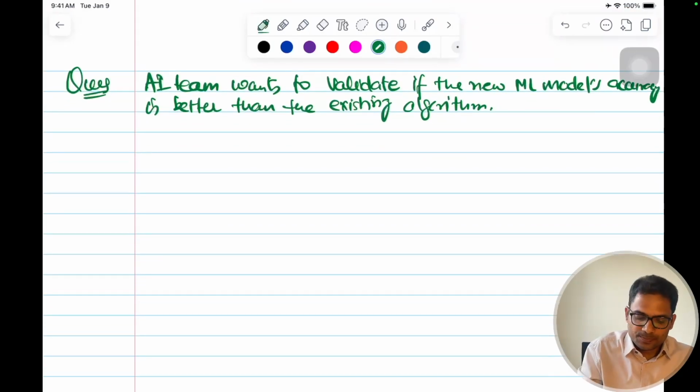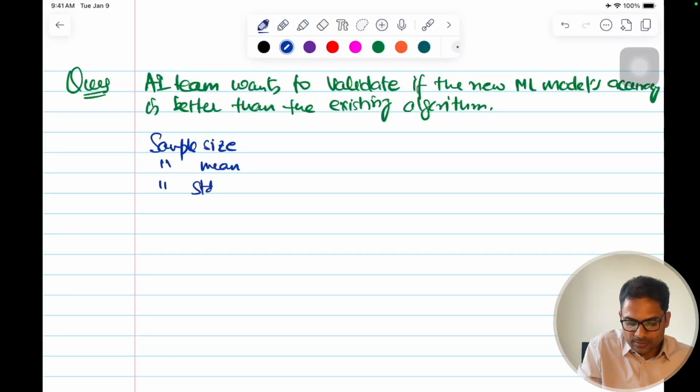So they have some sample around that. They will have some sample size, and then they will have sample mean, and they will have sample standard deviation for both of them. So let's say we have new, and then we have old. Let's say this is B.